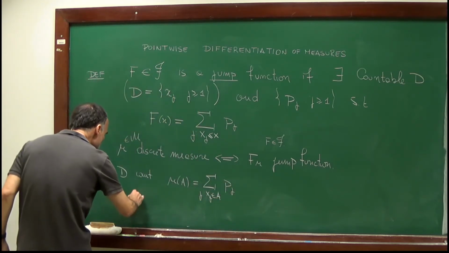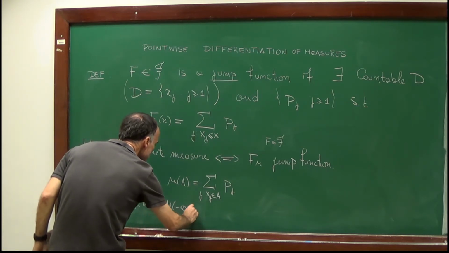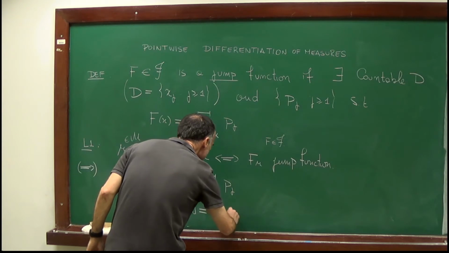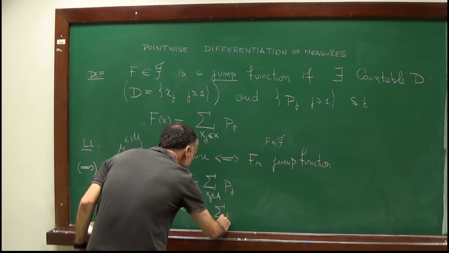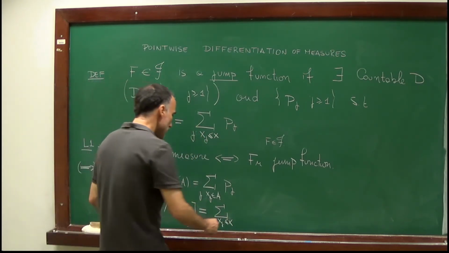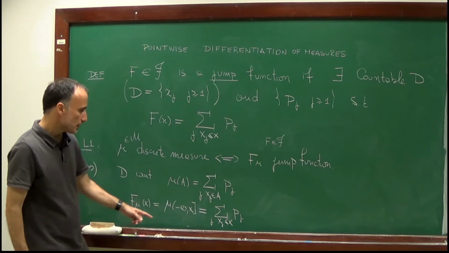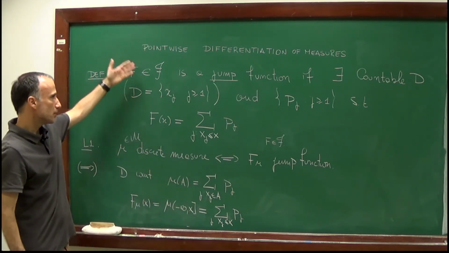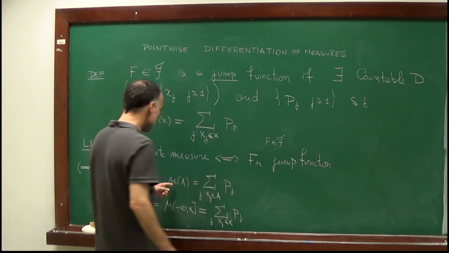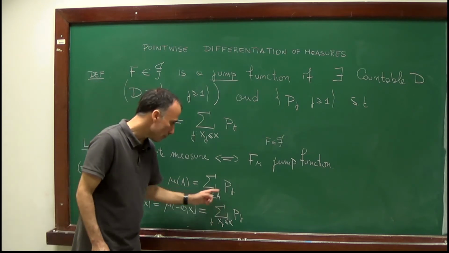Right? So by definition, f of mu of x, which is mu of minus infinity x, by this formula is just the sum over all j such that x_j is smaller than x of p_j, and this shows that f mu is a jump function because it fulfills the condition, and the fact that this sum is finite follows from the fact that mu belongs to M, because we know that this measure is finite, and therefore this sum is finite.